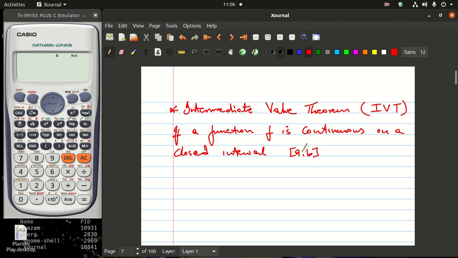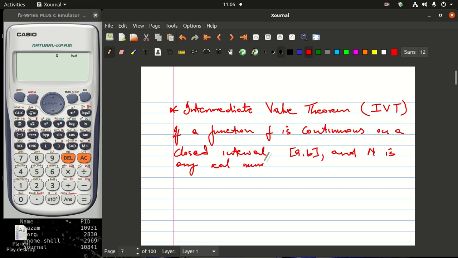Take a note that these are the x values. It's not x and y like coordinates. These are the x values, right? Suppose f is continuous and n is any real number.